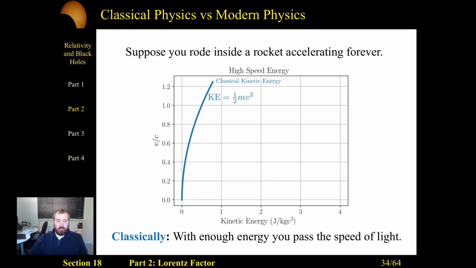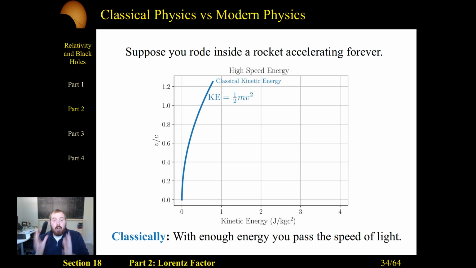Well, here's a plot of how much energy you've consumed and how fast you're moving. Effectively a plot of your kinetic energy. The more energy that I push into you, the faster and faster you go. And there's no limit. Right? I just keep pumping more energy into you, and you can keep going faster and faster.